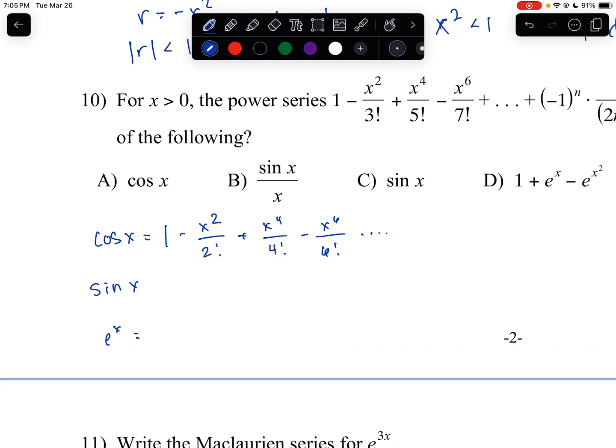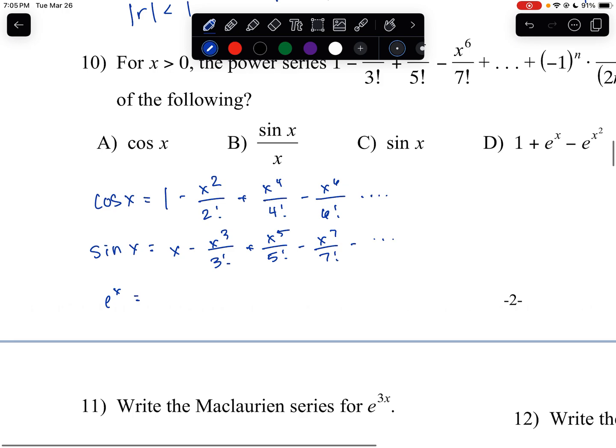And sine of x is pretty much the values in between, the odd part. So that's x to the first power over 1 factorial minus x to the 3rd over 3 factorial plus x to the 5th over 5 factorial minus x to the 7th over 7 factorial, and so on.